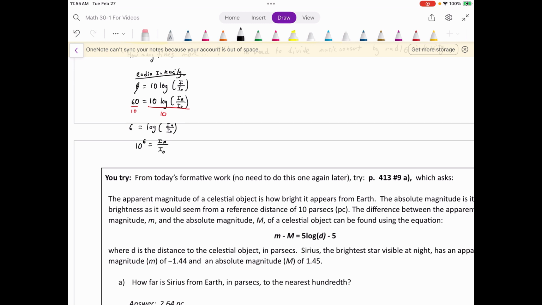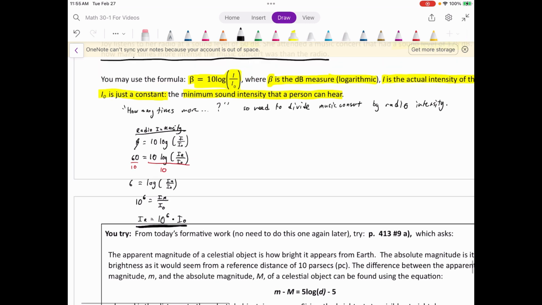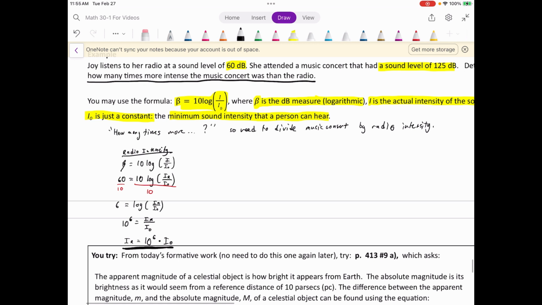And therefore, the radio intensity is just equal to a million, 10 to the 6 is just a million, I'll leave it as 10 to the 6 because that's more convenient to write, times that reference intensity. Now again, we don't know the reference intensity, but if we think about where we're headed here, we're going to end up dividing the concert by this. The concert's also going to include that. So I have some hope here that these might cancel out.